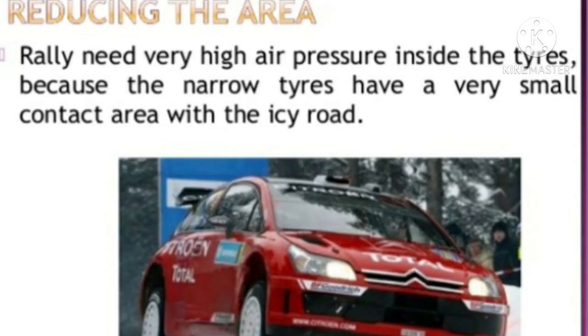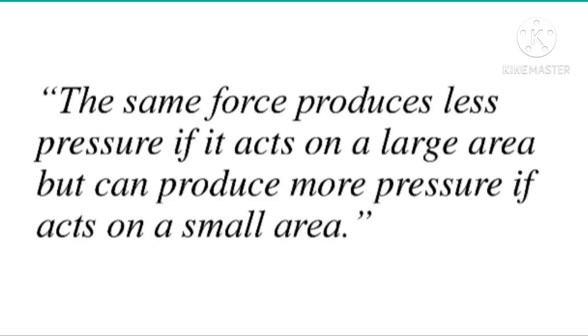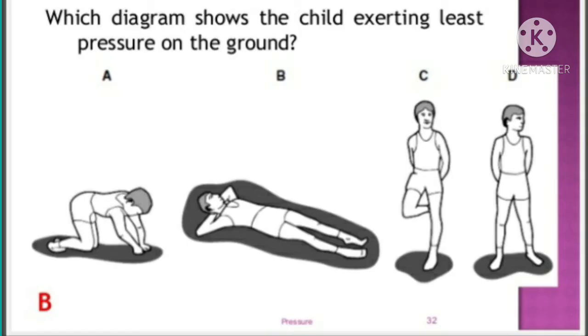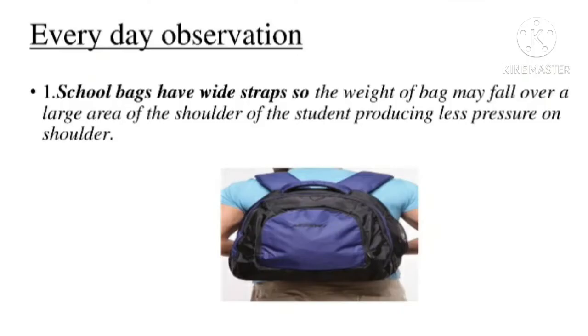For example, when a force acts over a large area of an object, it produces a small pressure. But if the same force acts over a small area of the object, it produces a large pressure. Now children, I will explain some everyday observations on the basis of pressure.